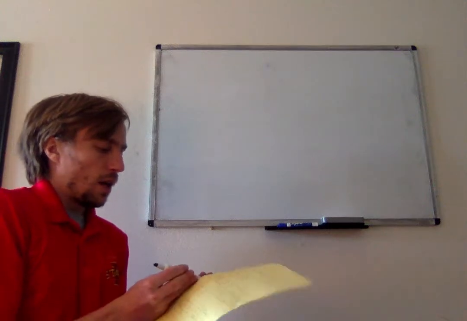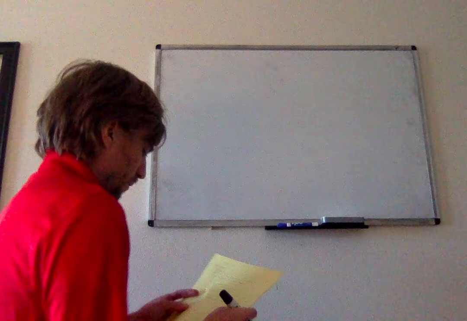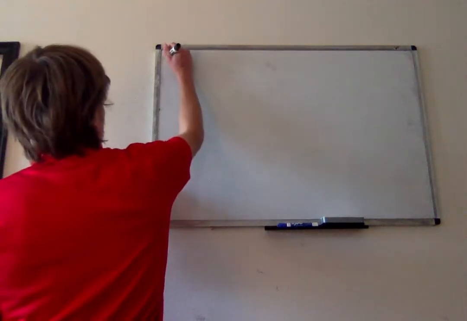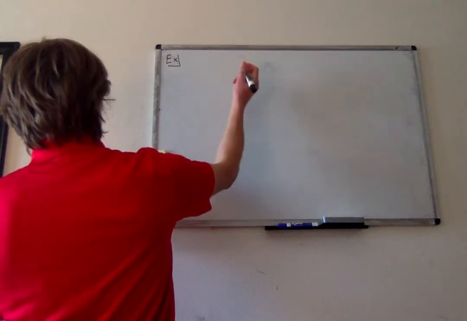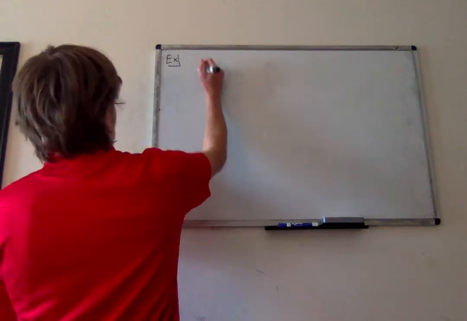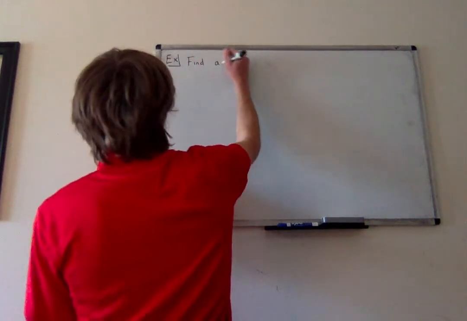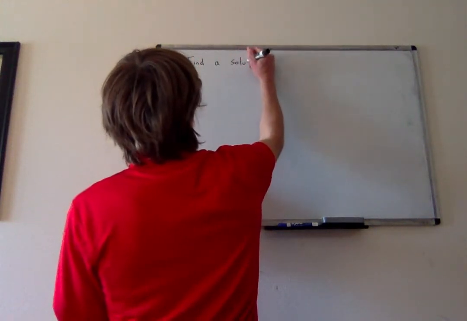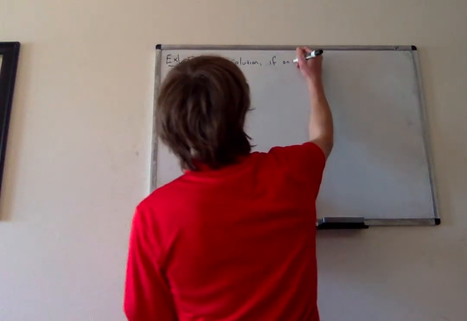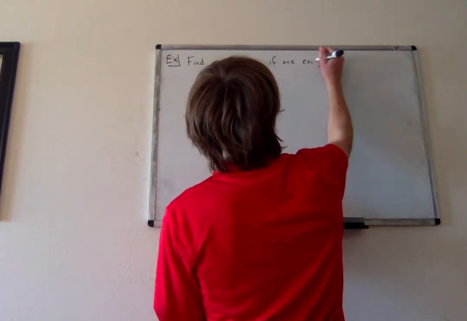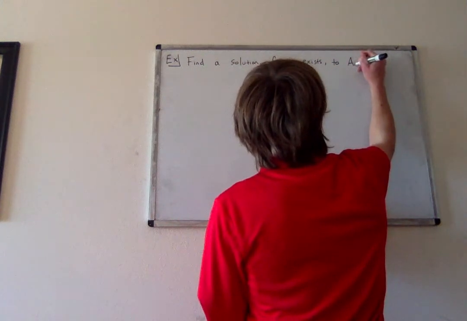So we're just going to look at an example where we phrase this more as a matrix vector equation. We want to find a solution, if one exists, and of course if one does not exist, then we should state that as well, to the equation Ax = b.